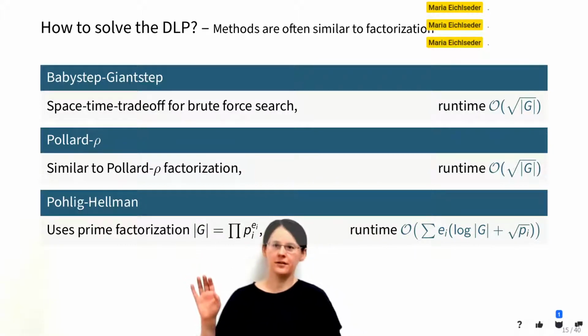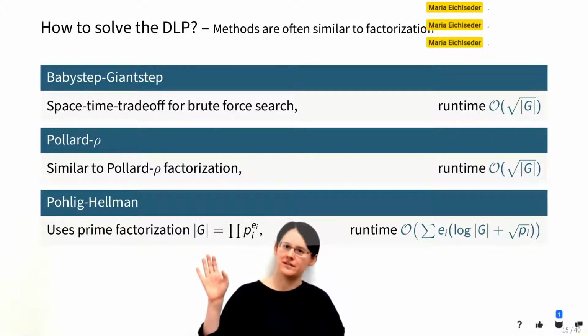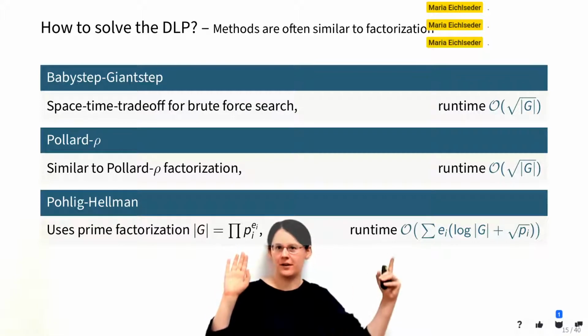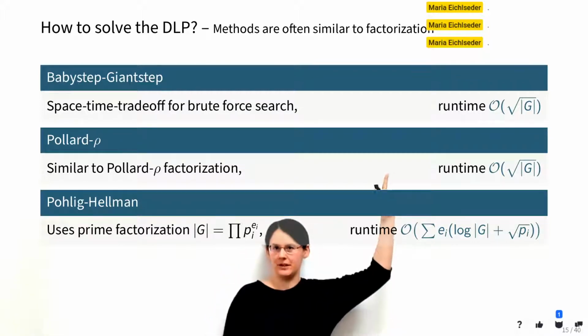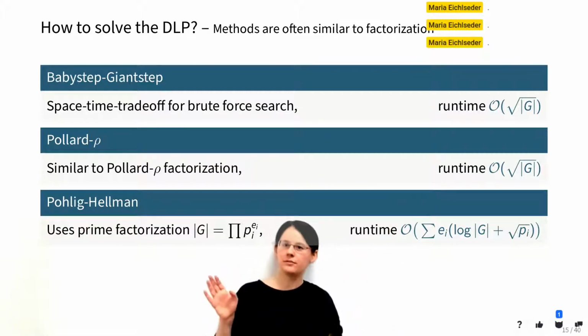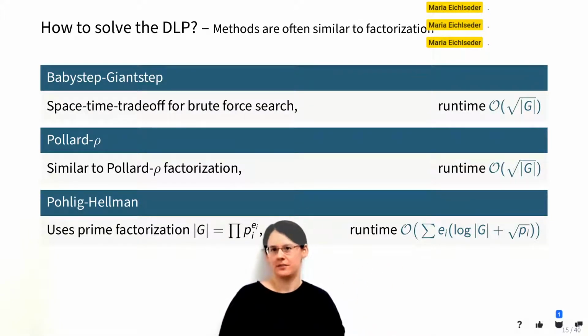So for this algorithm, the runtime actually depends on the factorization of the size of the group. And if this has very, very large prime factors, then the runtime of this is essentially the same as up here. But if all of the prime factors are pretty small, meaning we have small subgroups in this group, then this algorithm is a bit faster.